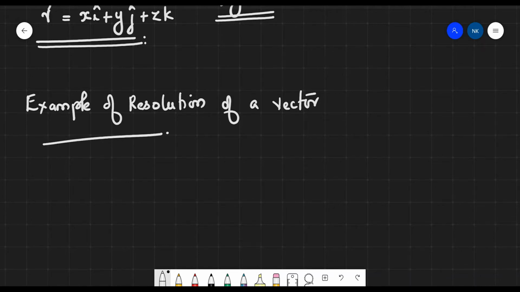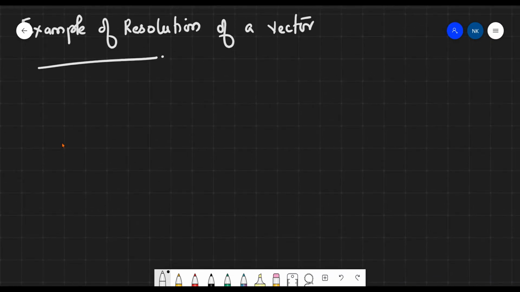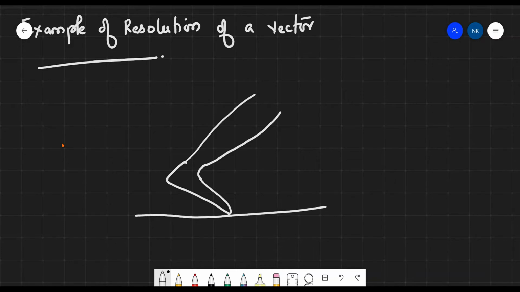All right, so देखिए, let this be one of the legs of someone who is trying to walk.